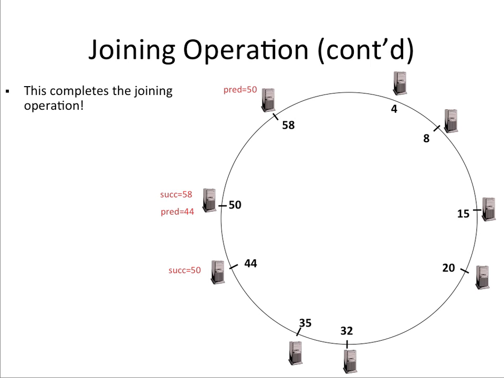So I want you to get two key ideas from this discussion, basically. One is, why do you want to organize the hash space or key space in this particular structure? What is the advantage? Why do you ever want to do that? And the answer is, it has some nice properties that become very important when we have a lot of churn in the network, right?